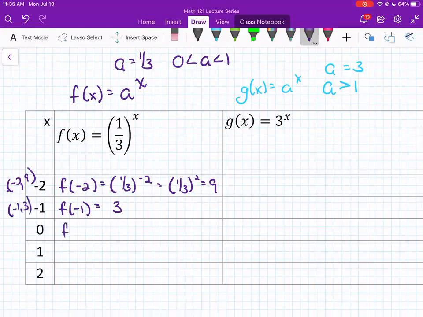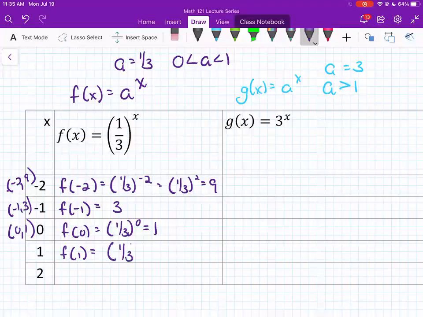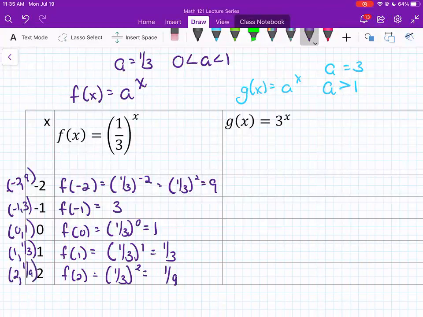When we plug in 0, remember, anything to the 0 power is 1, so our point is 0, 1. f of 1 is going to be 1/3 to the first, or just 1/3. So our point is going to be 1, 1/3. And last but not least, if we have 1/3 squared, we get 1/9. So our point is going to be 2, 1/9.